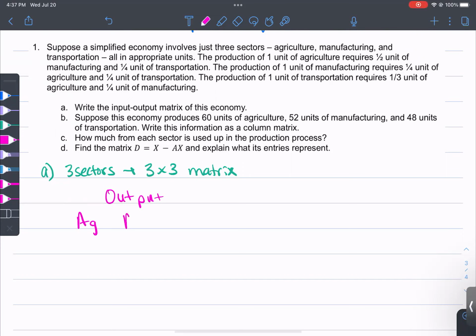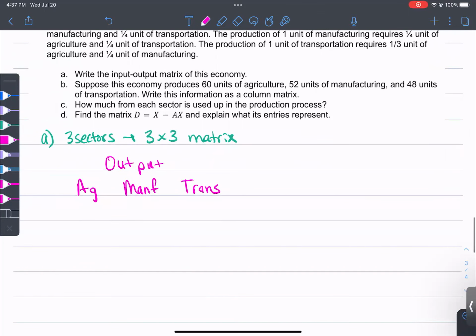And then the next thing that's listed is manufacturing, and then transportation. And then working our way down the rows is going to be our input, and I'm going to put them in the same order: agriculture, manufacturing, and transportation.